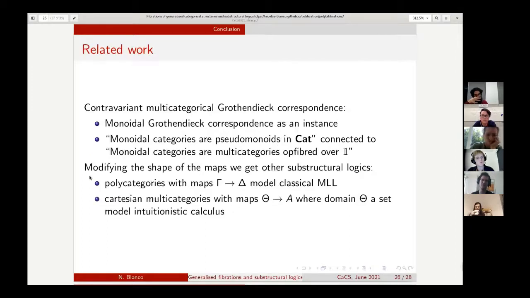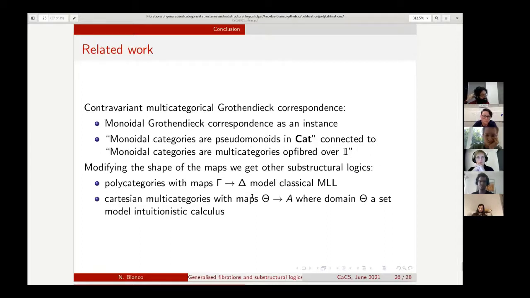And this last thing can be related to the other by some multicategorical Grothendieck construction, a generalization of the Grothendieck construction to the multicategorical case. In particular, using that, we can prove a correspondence between monoidal categories as pseudo-monoids in Cat and monoidal closed categories as multicategories bifibered over one.